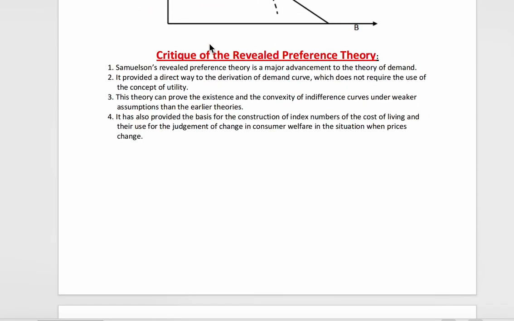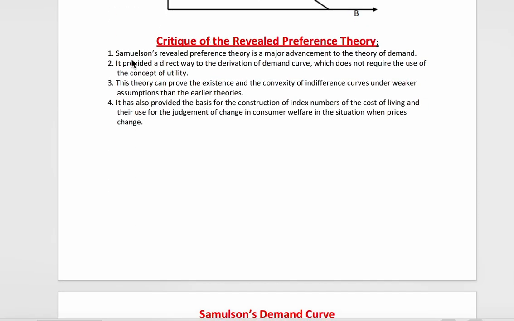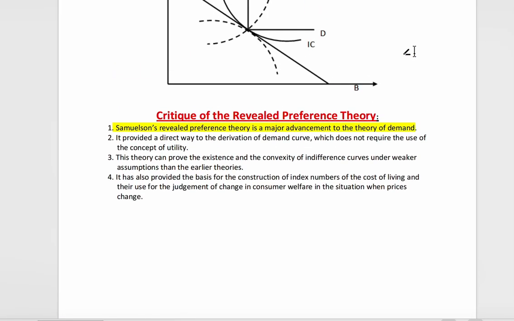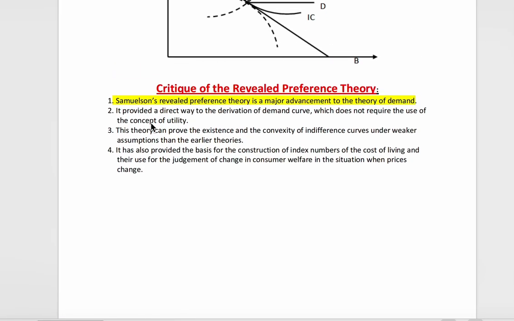Now, what is the criticism of the revealed preference theory? Samuelson's revealed preference theory is a major advancement of the theory of demand, because it gives a behavioral explanation of the consumer, and it is one of the major breakthroughs because it does not use the concept of IC. And we can also derive the demand curve by using the IC curve.